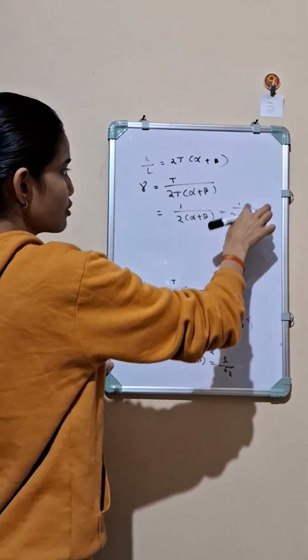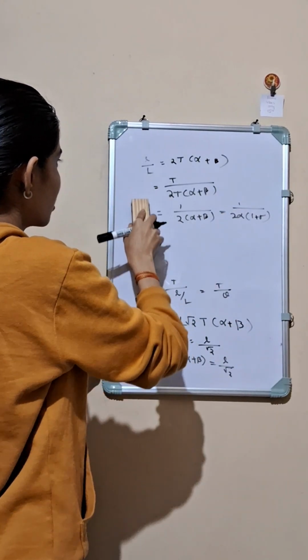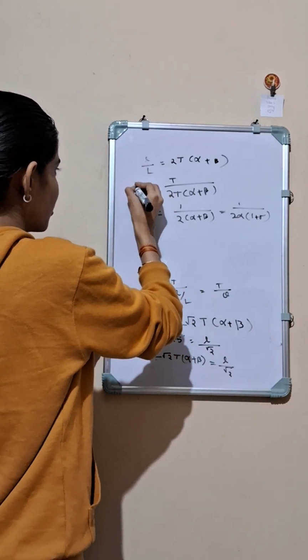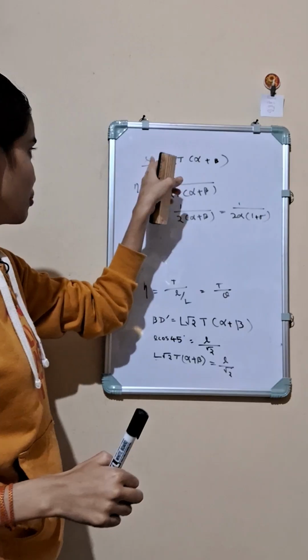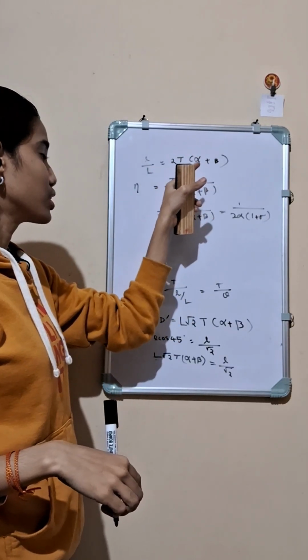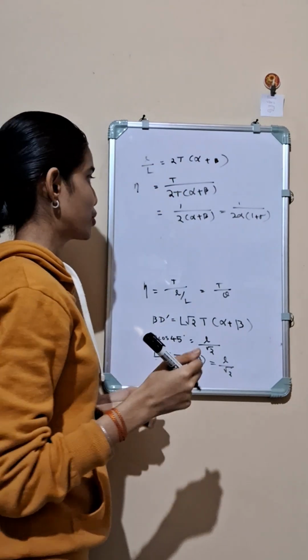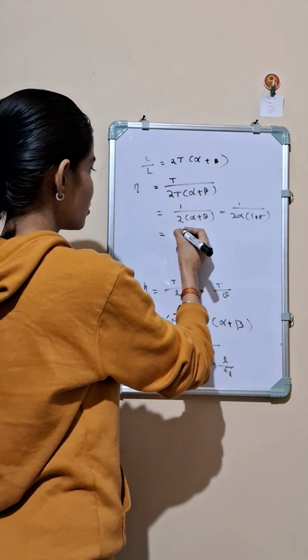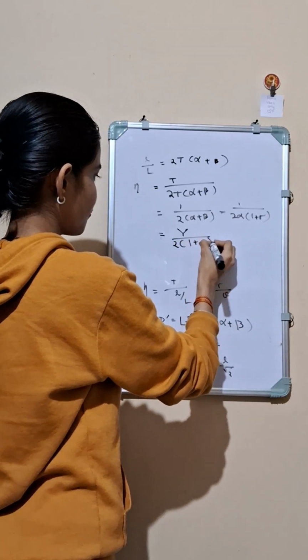If I take alpha to the numerator I will get eta, because small l by capital L is theta, and tension stress by theta is shear modulus. So this will be equal to gamma by 2 into 1 plus sigma.